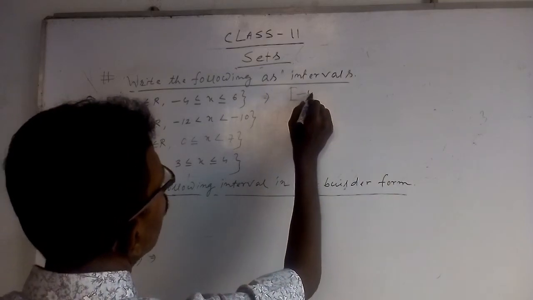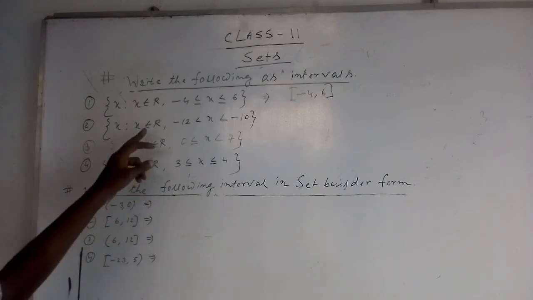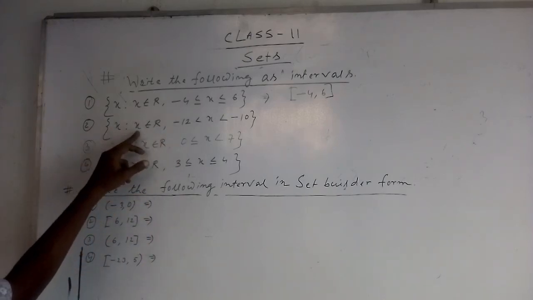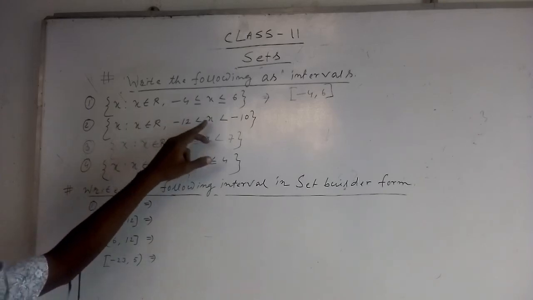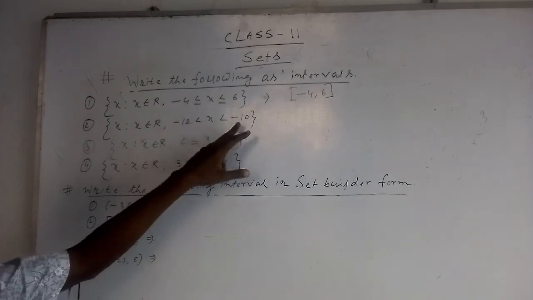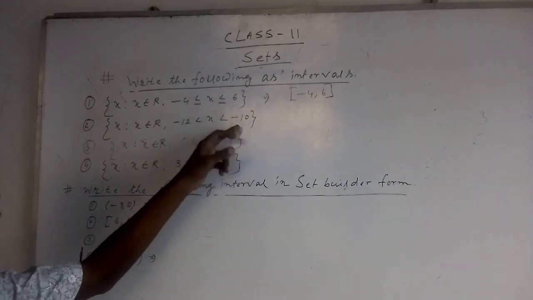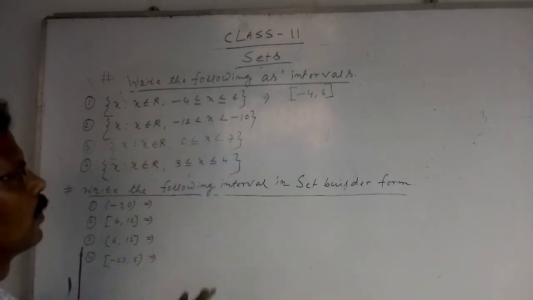-4, 6. Okay. Now the next one is x such that x belongs to R, that is set of real number, minus 12 less than x less than minus 10. That is minus 12 and minus 10, both the boundary numbers are excluded from this set. Therefore, this is an open interval.